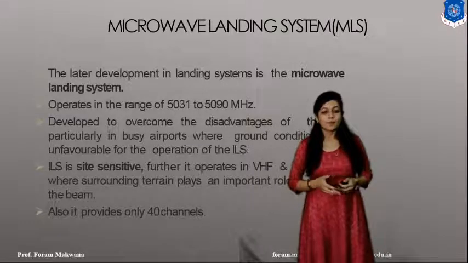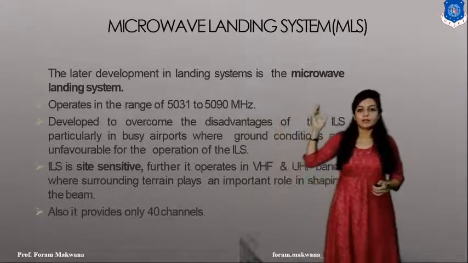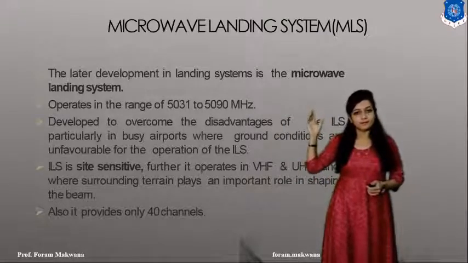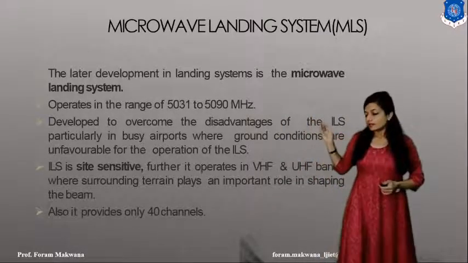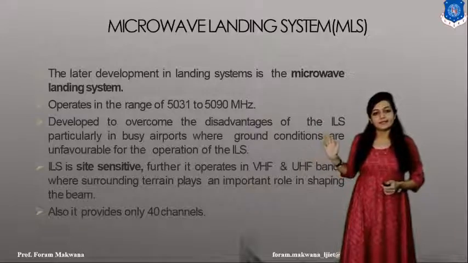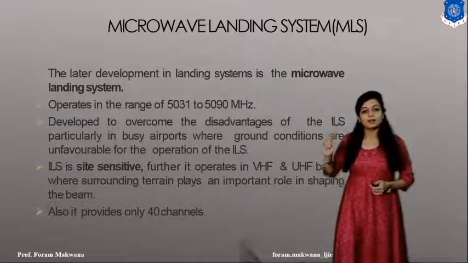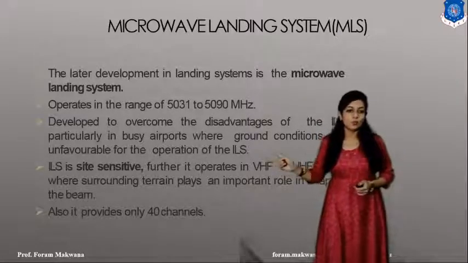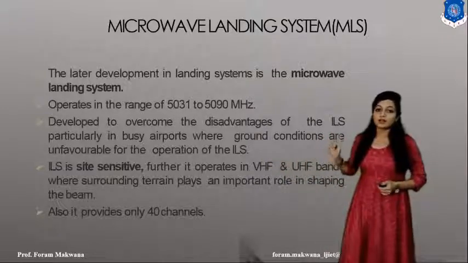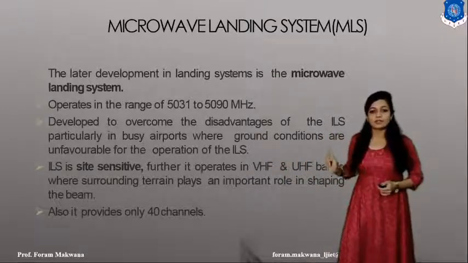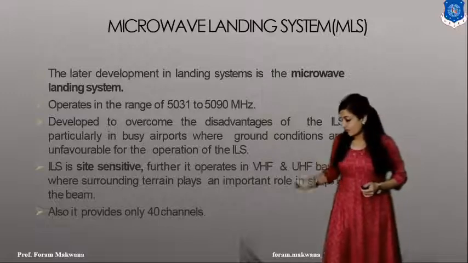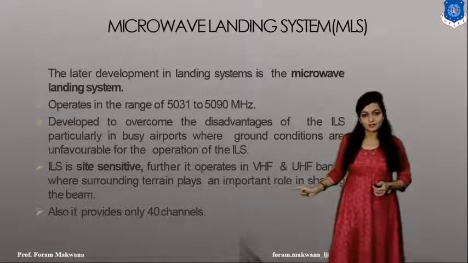Okay. Why is the microwave landing system developed? To overcome the disadvantages of ILS, particularly in busy airports where the ground conditions are unfavorable for the operation of the instrument landing system. So ILS is site sensitive.